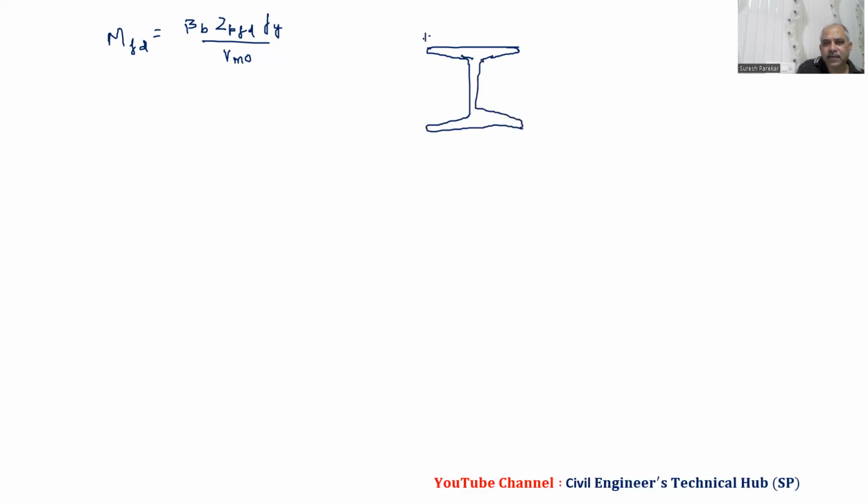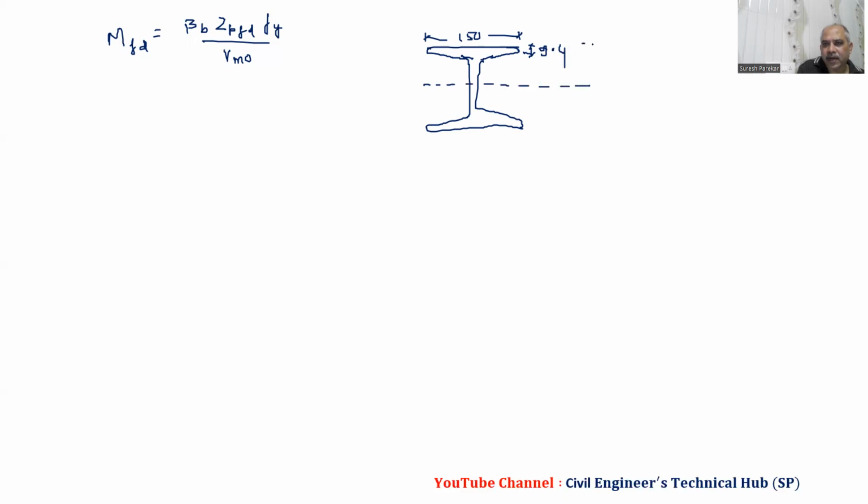We have BF, and the value of BF we have 150. Thickness of flange we have 9.4, and we have to take at center.